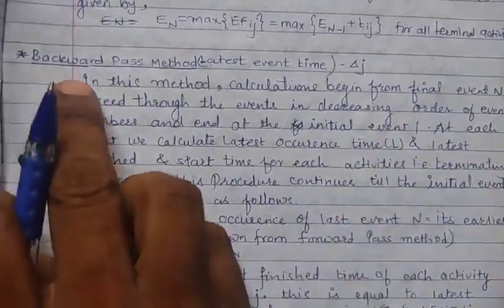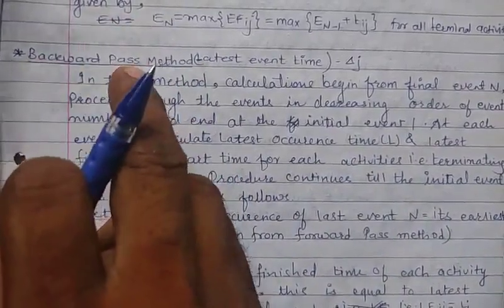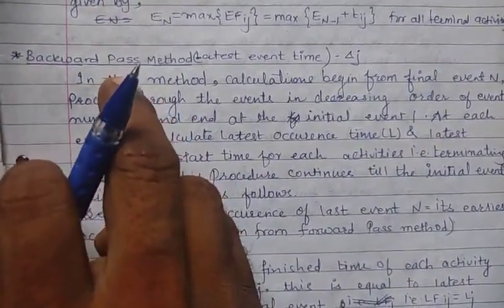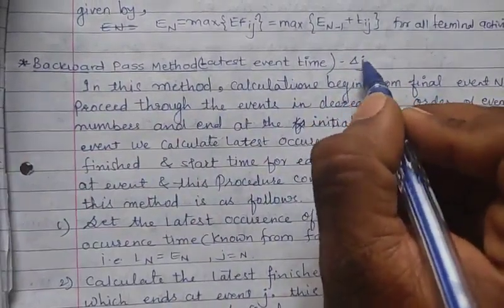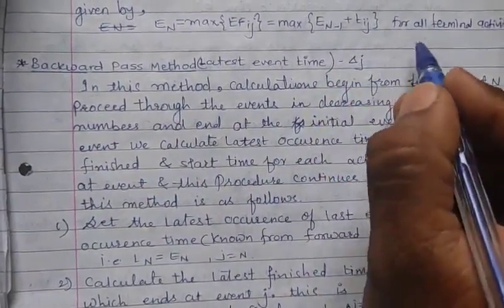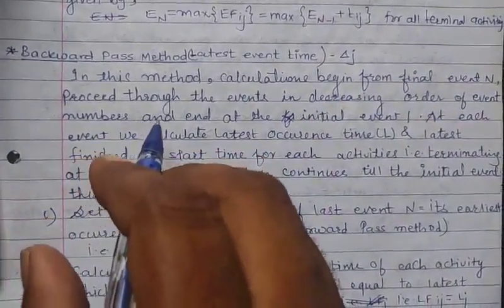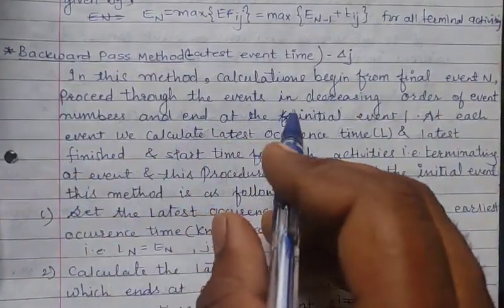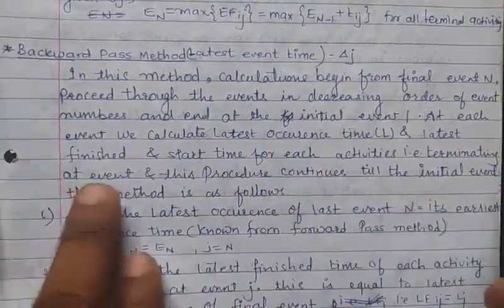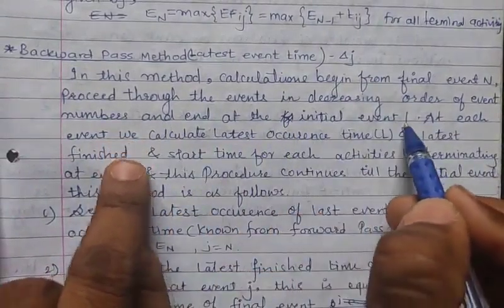Next is the backward pass method. The forward pass method starts from the initial point, and the backward pass method starts from the end point. The notation for the backward pass method is a triangle j, and the forward pass method has the notation square j. In this method, calculations begin from the final event n and proceed through the events in decreasing order of event numbers, ending at the initial event 1.